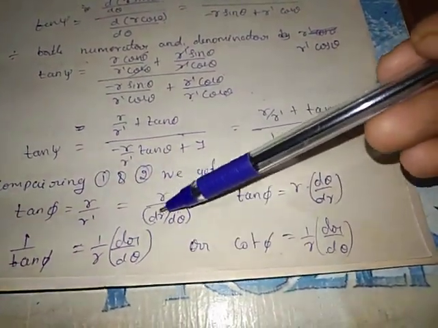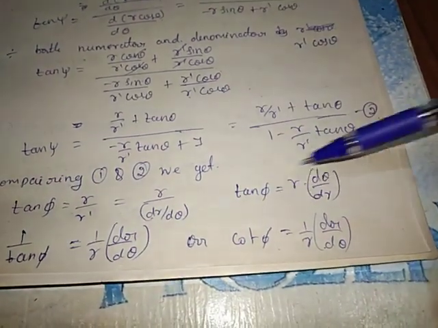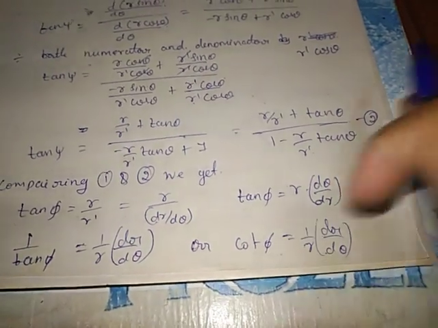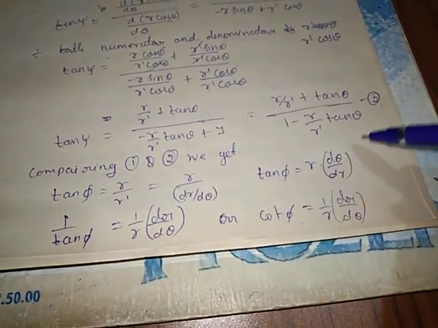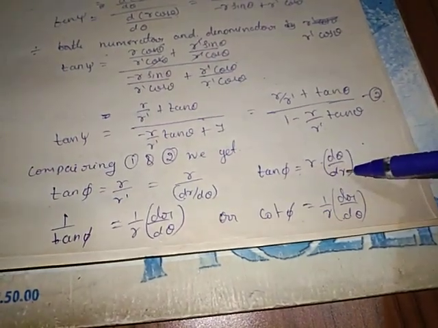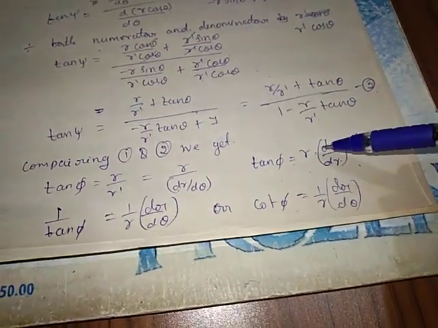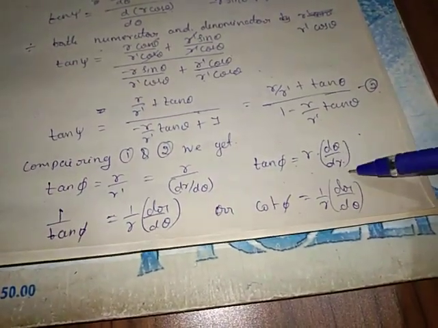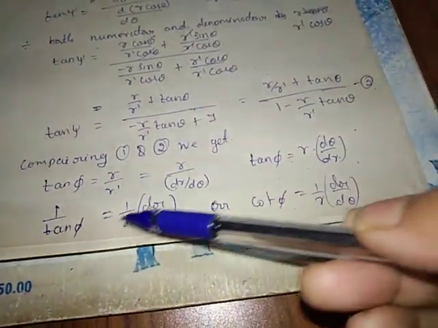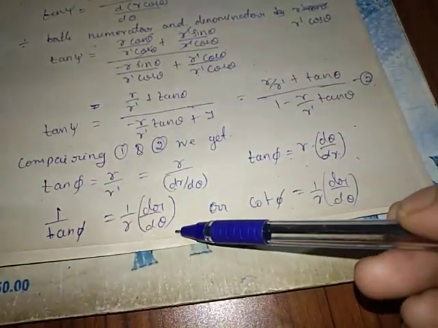So r by dr by d theta can also be written as r into d theta divided by dr. Taking the reciprocal on both sides, 1 by tan phi equals 1 by r into dr by d theta.